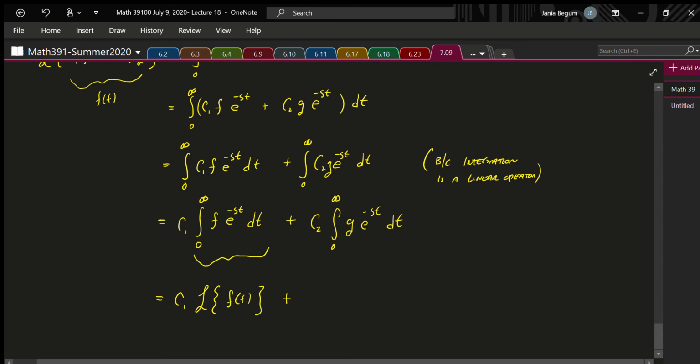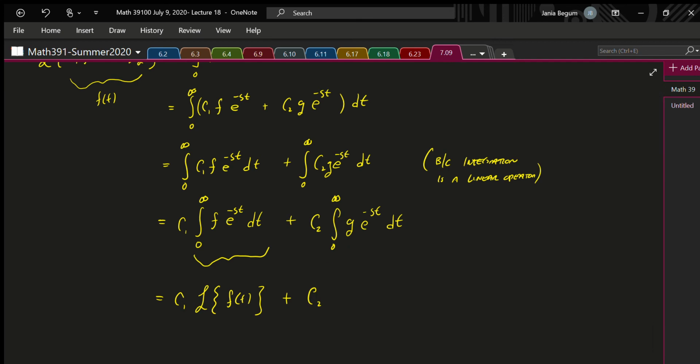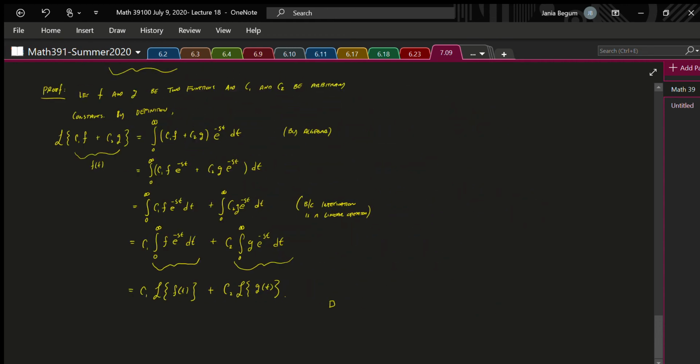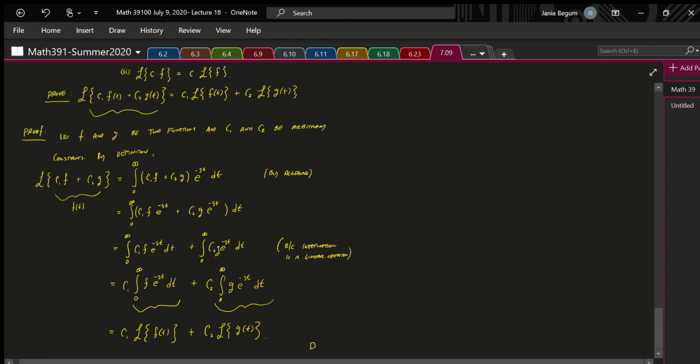And what about the second one? Right, so this should remind us that's the Laplace transform of g of t. And so we have proven this statement. Check. So there you go. That's the proof for the statement that we claimed we want to show.